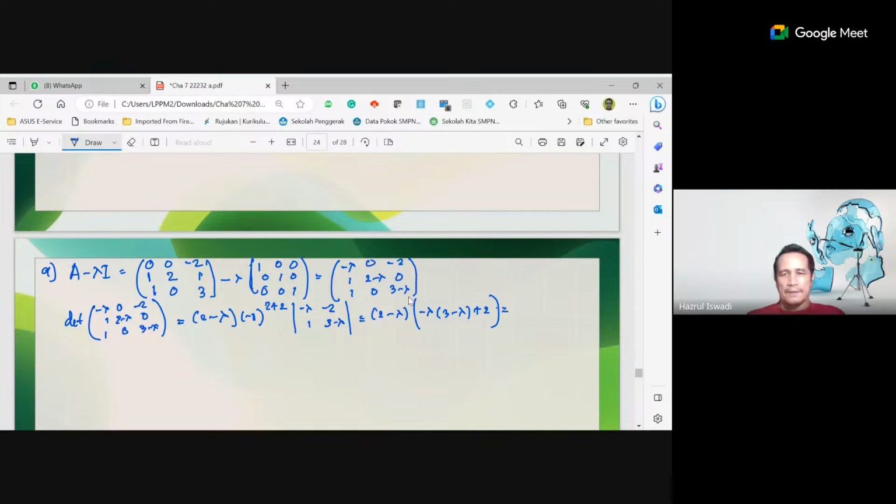Rearranging, lambda squared minus 3 lambda plus 2 gives (lambda minus 1)(lambda minus 2).